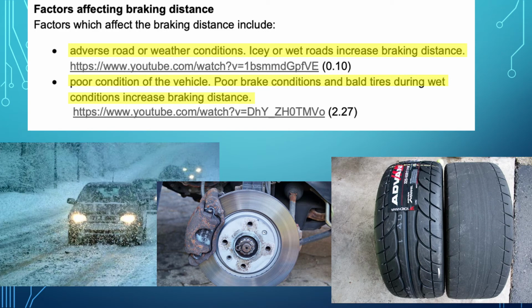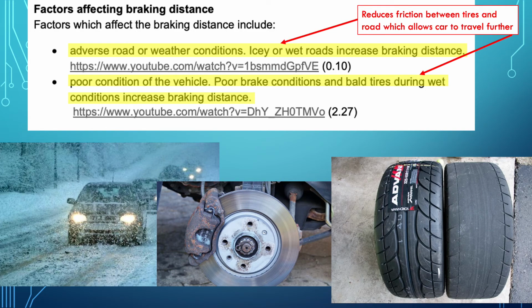Okay, so for both of these factors, whether it's bad weather conditions, road conditions, or whether your car is not working properly or the components of it aren't in good condition, the bottom line is, in both of these factors, it will reduce the amount of friction between the tire and the road.